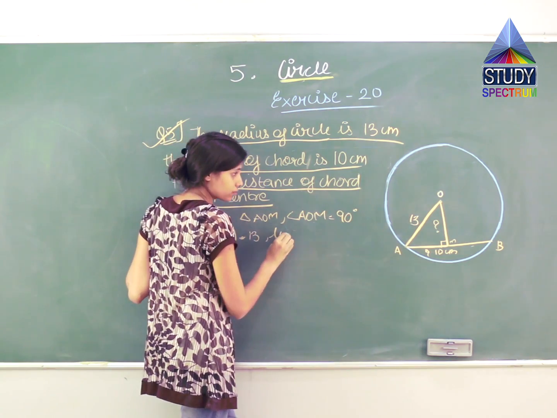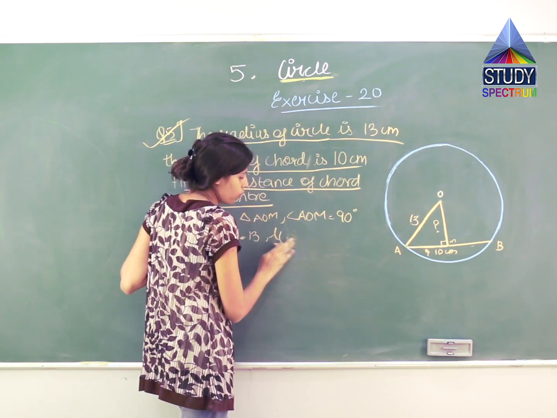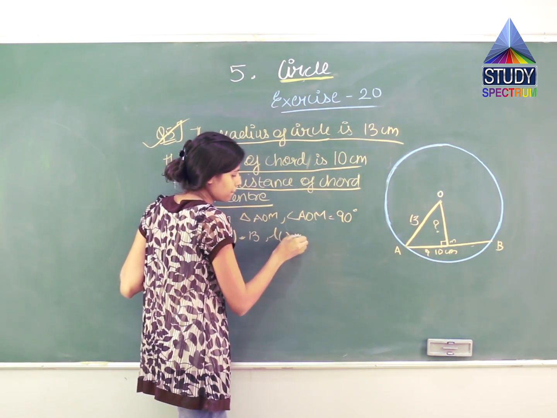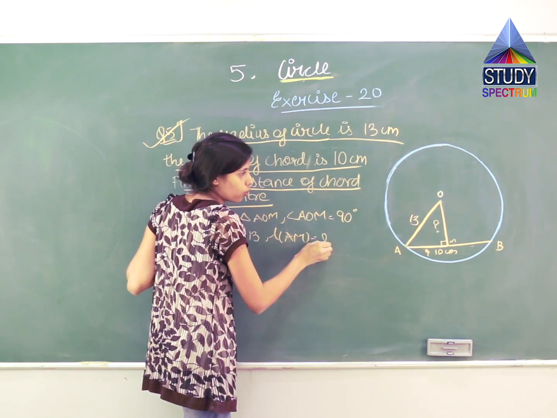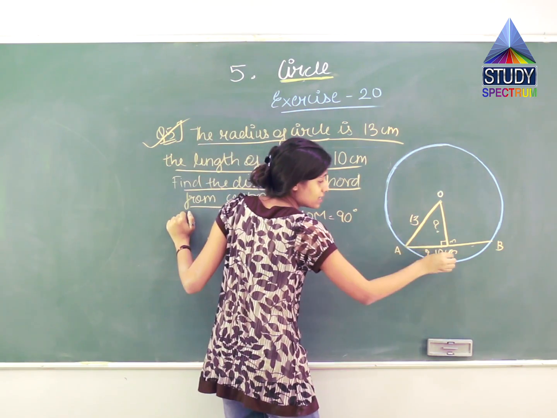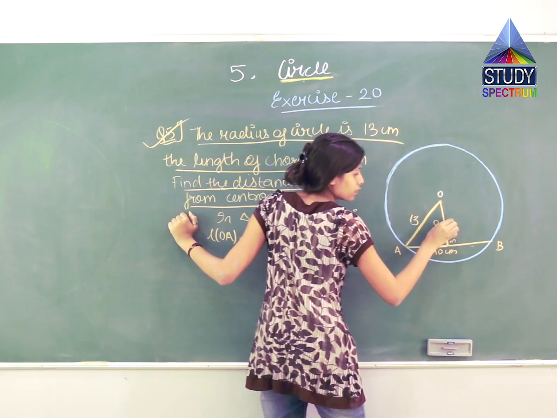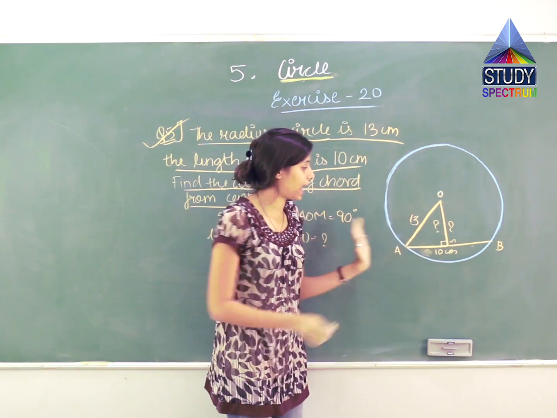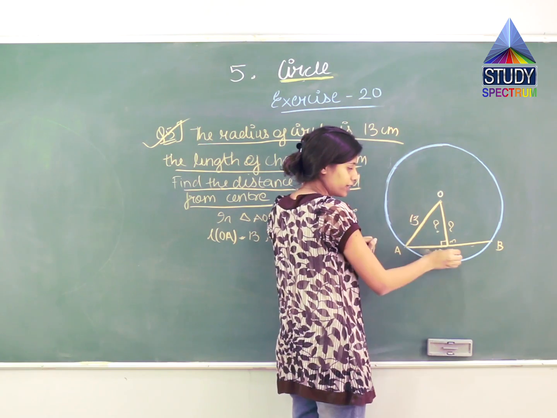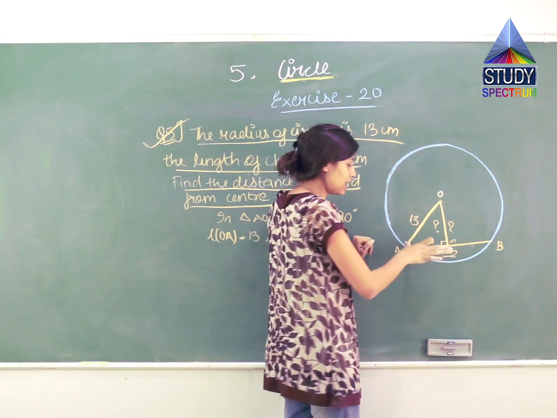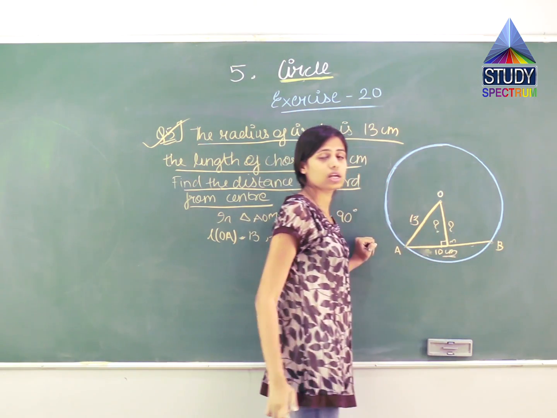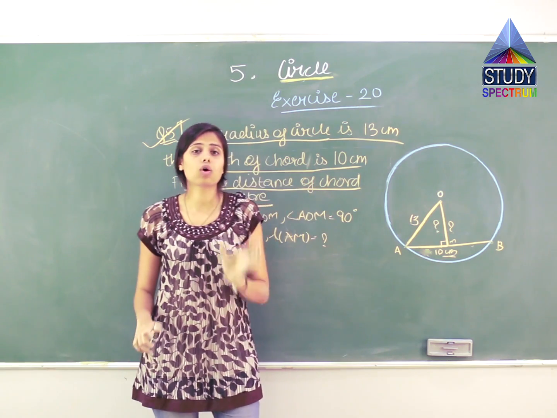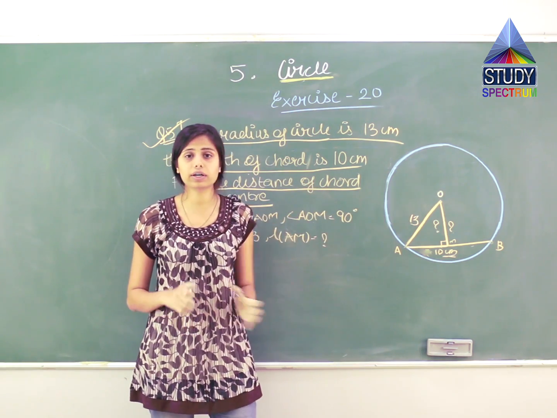Length of AM is unknown, and sorry, it's 10 centimeters. It is 10 centimeter, but AM we have to find. This 10 centimeter which is given, it is the length of the whole segment, which is AB. But we need what? Only AM, because this forms a part of our triangle.